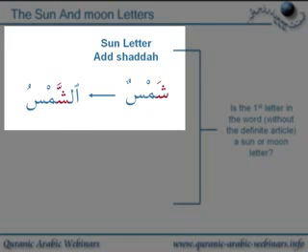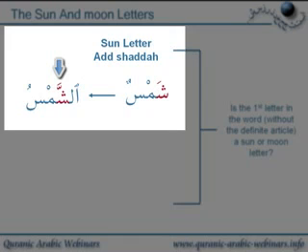Okay, so shamsun becomes effectively ash-shamsu. Okay, and this is important because we need to know how we read them. And effectively, the letter with the shadda will always be joined to a previous sound.